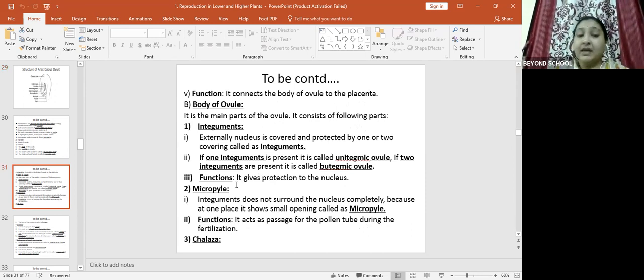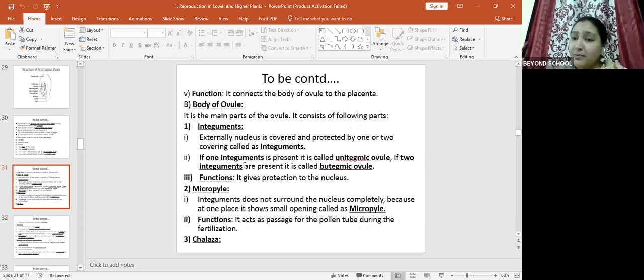All right, dear. Now the next thing is, whenever there is a single integument present, we call it a unitegmic ovule. But whenever the ovule consists of two integuments, we call it a bitegmic ovule. Understood, Siddhant?